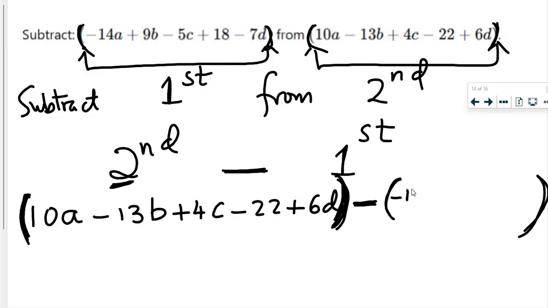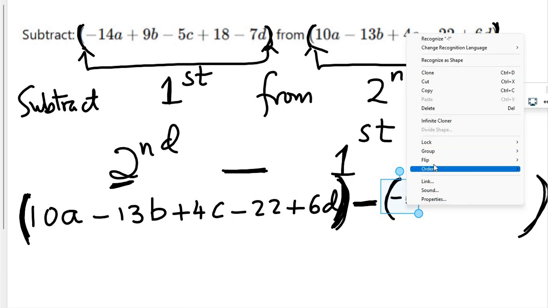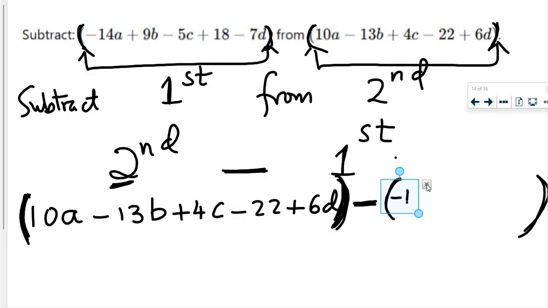So you have negative 14a plus 9b minus 5c plus 18 minus 7d.